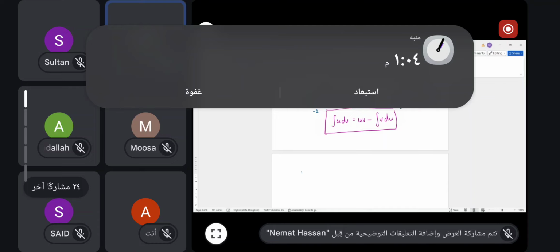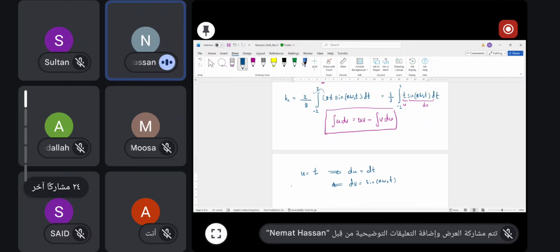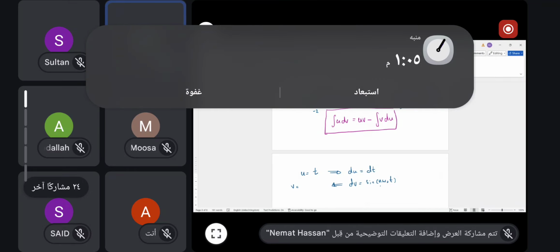We're going to let u equal t, which means du is equal to dt, right? And then I'm going to assume that dv is equal to sine n omega naught t, which means v is equal to the integral of a sine, which is minus cosine n omega naught t divided by n omega naught.